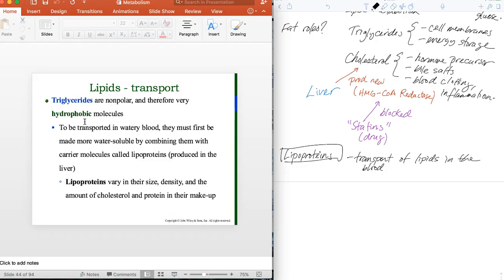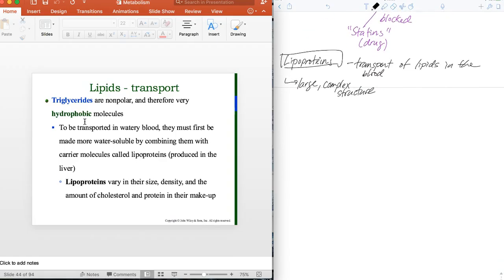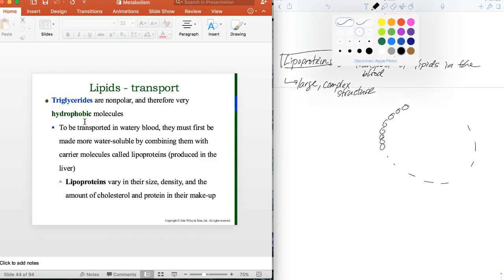Lipoproteins overall are quite large. They have a fairly complex structure. They are going to be made up of these spherical structures. Pretend this is going all the way around. You can actually have receptors on their surface.